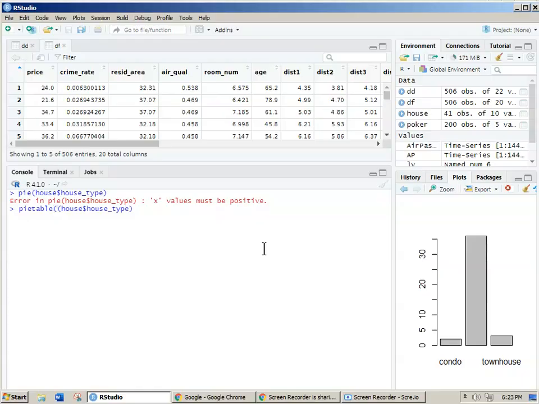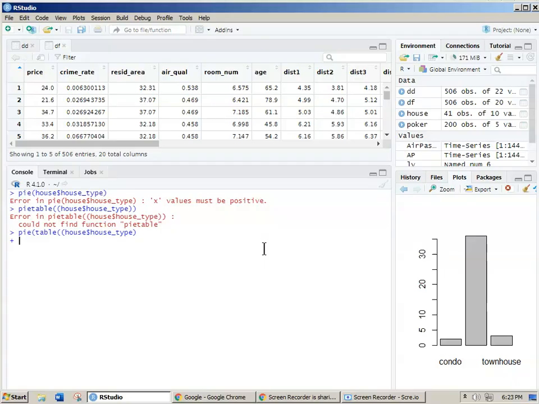Table house type. Okay. And I guess we have to do that. Sorry, pie, and then that table. Okay, that'll be enough.